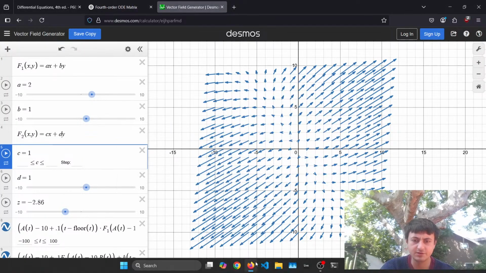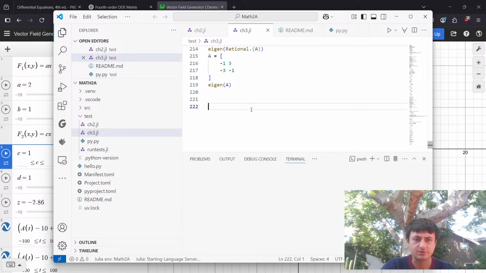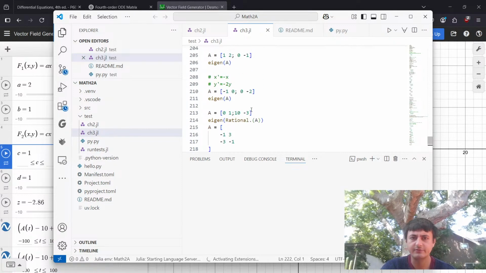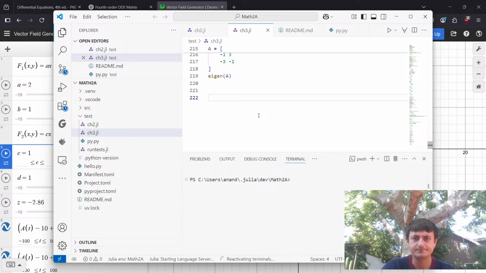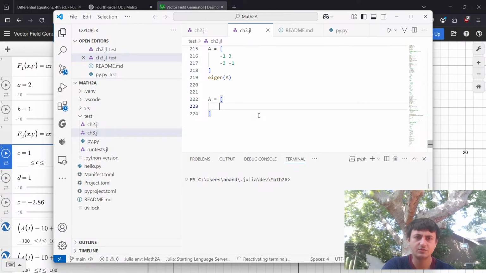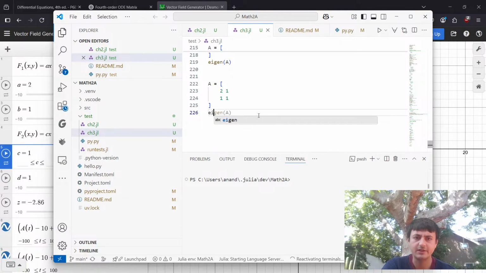And I probably should be better at just recognizing what the eigenvalues are, but we'll just start this up and see. Is it 2, 1, 1, 1? Let me just look, I think it's just called eigen, right? Yeah.